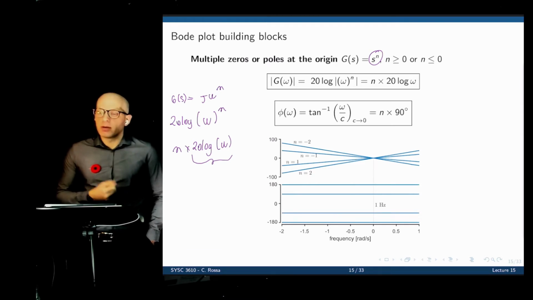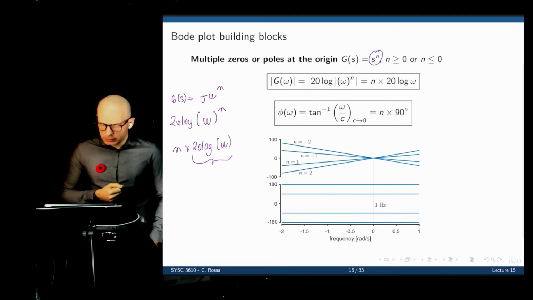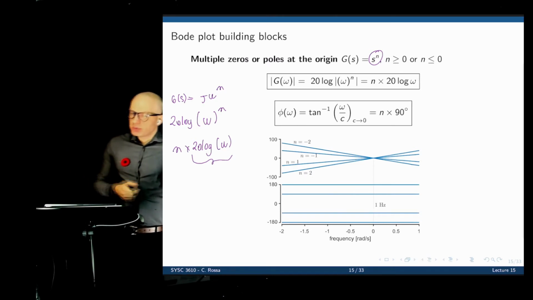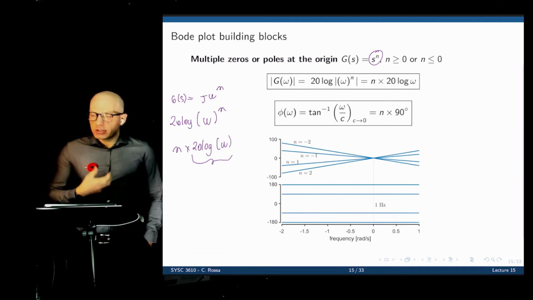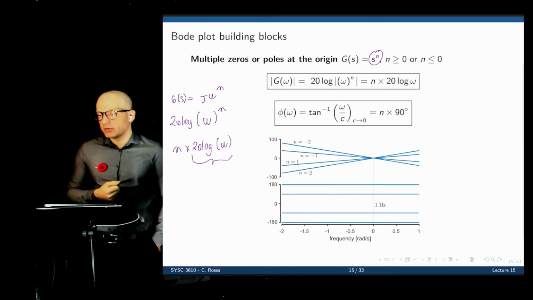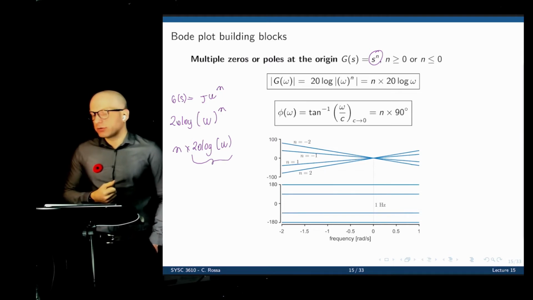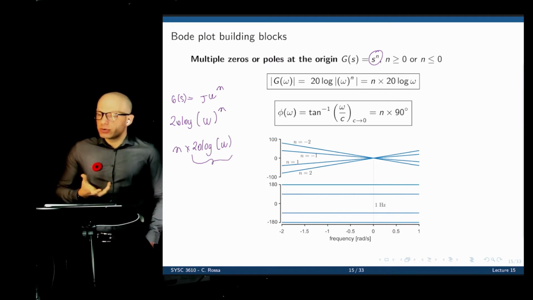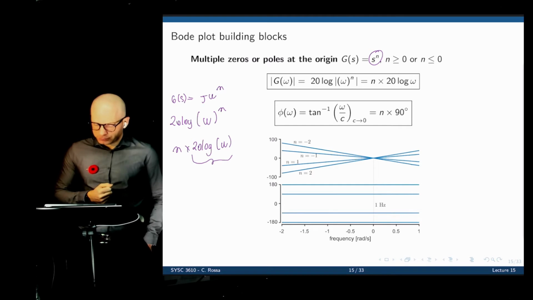Plus 80 decibels per decade. And for the phase, same thing will happen. We just multiply the degree by 90 or negative 90. So for each pole, we have a phase shift of negative 90 degrees. So 2 poles would result in a phase shift of negative 180 degrees. And for every zero, we have a phase shift of plus 90 degrees.